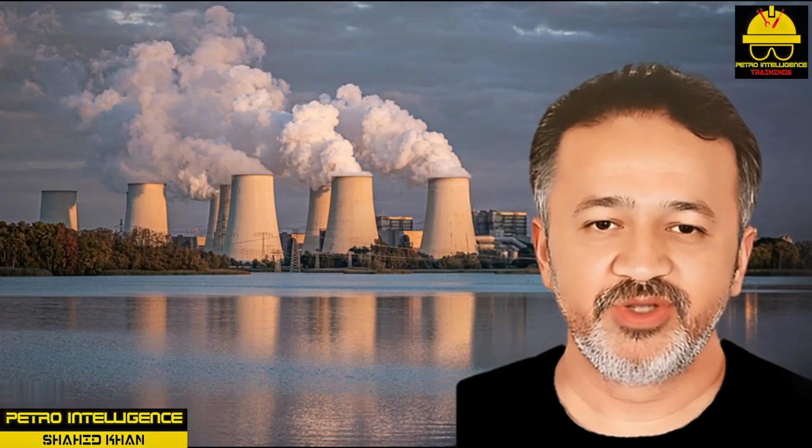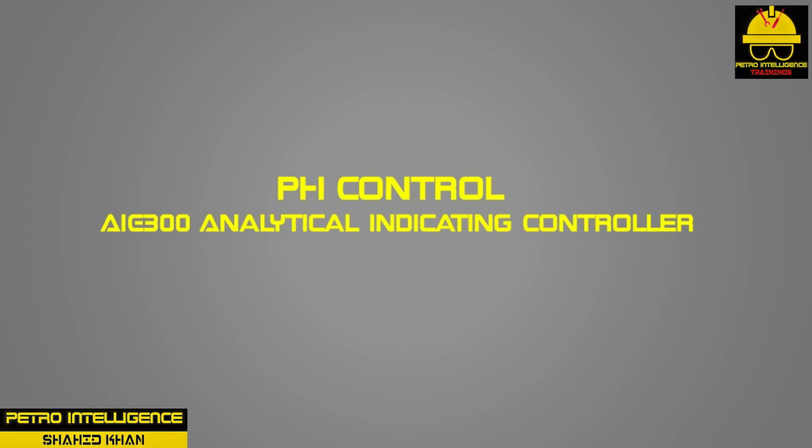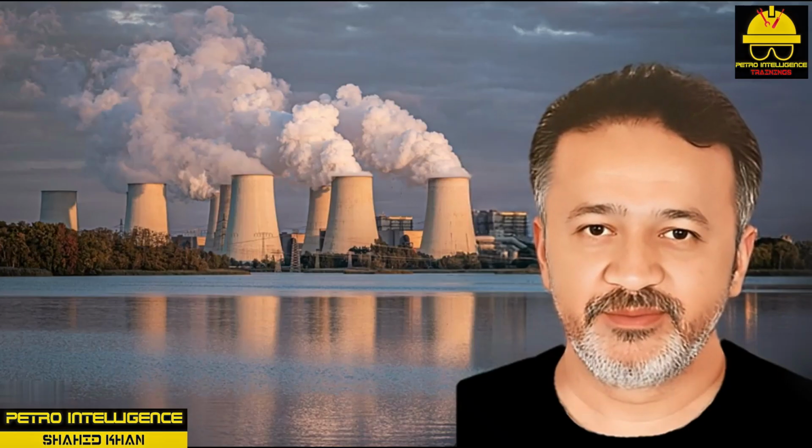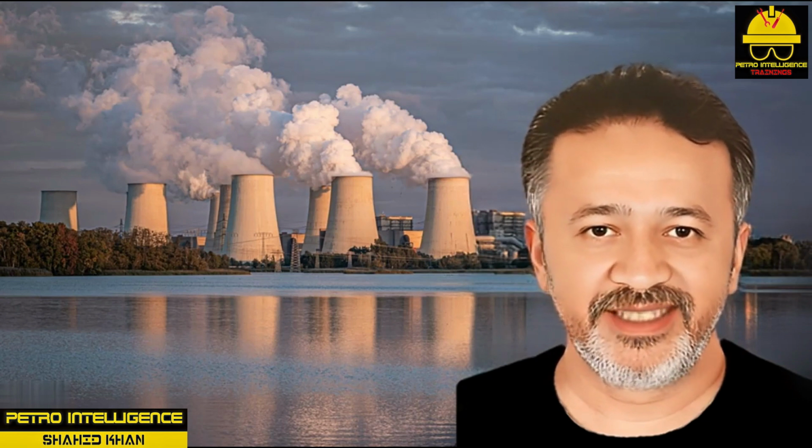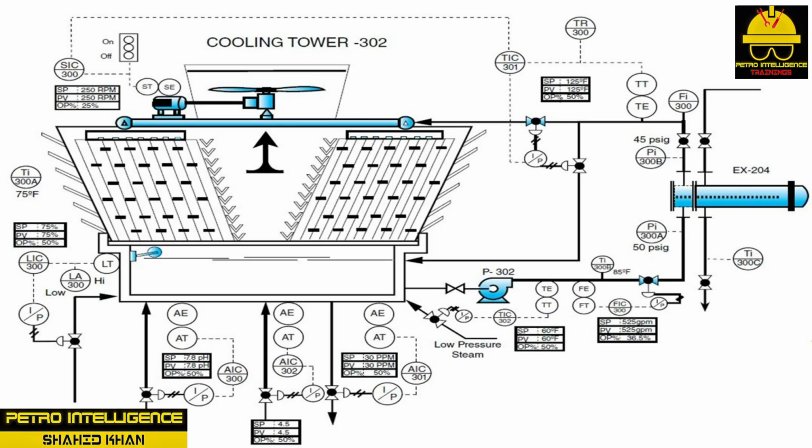Analytical control features on the cooling tower. System pH Control, AIC 300 Analytical Indicating Controller. The purpose of this controller is to control the pH inside the cooling water basin. The pH in the cold water basin has a tendency to increase in alkalinity.